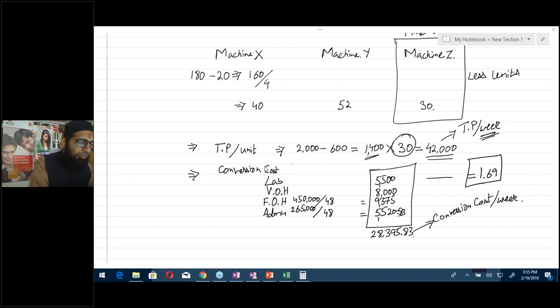So to get that, I have to multiply. I have not divided by 30 because 1400 is per unit, and this is 30 units per week.